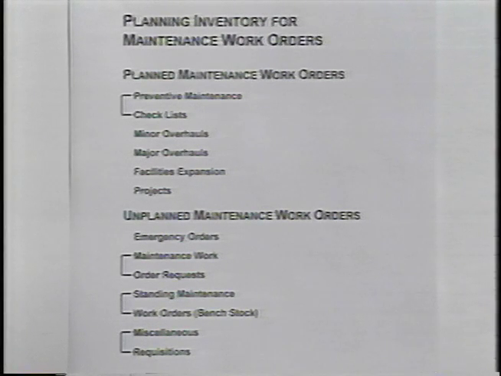So the first one under planned is the PM checklists. The second would be the minor overhauls. The third, major overhauls. And then we could have facilities expansion, which is all planned, and likewise projects. Projects are probably going to be in a shorter time period than facilities expansion.